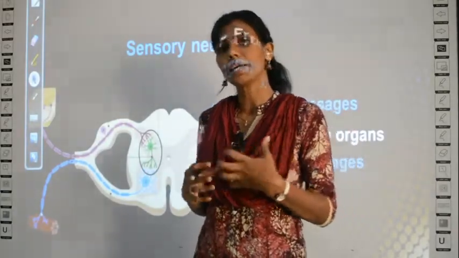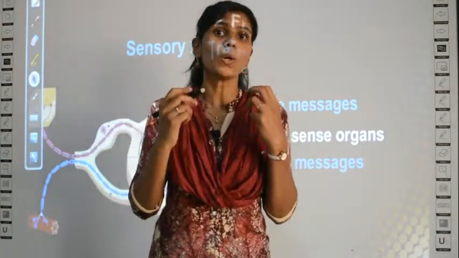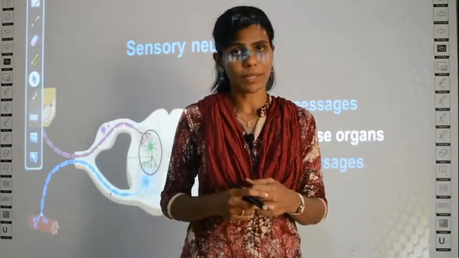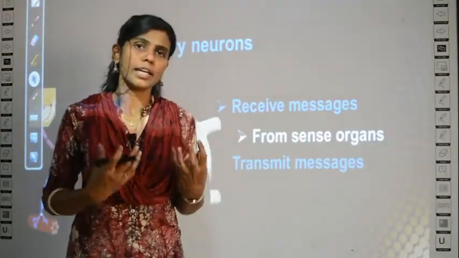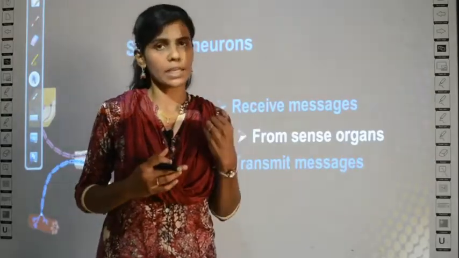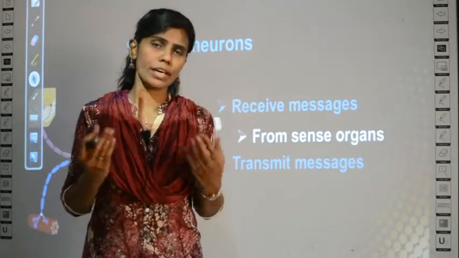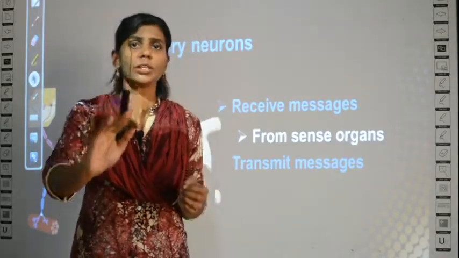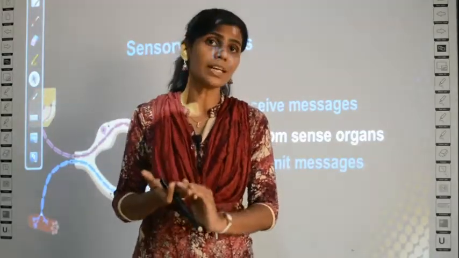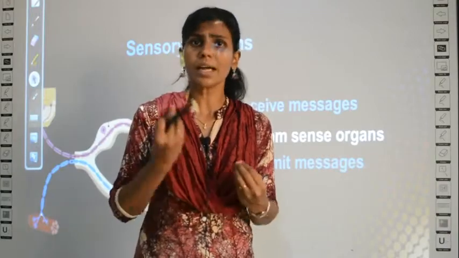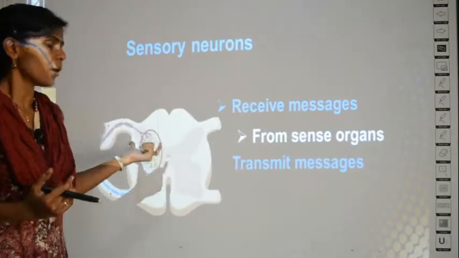You have already studied that your eyes can see because the eyes have photoreceptors. Do you remember? Similarly, your skin has receptors which can sense differences in the environment. If you touch a hot pan, the receptors in your skin can sense that it is hot. Immediately the sensory neurons will pass the message.